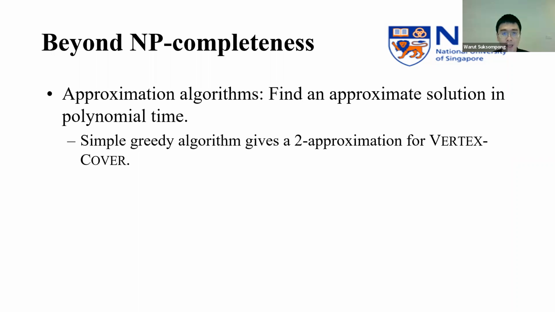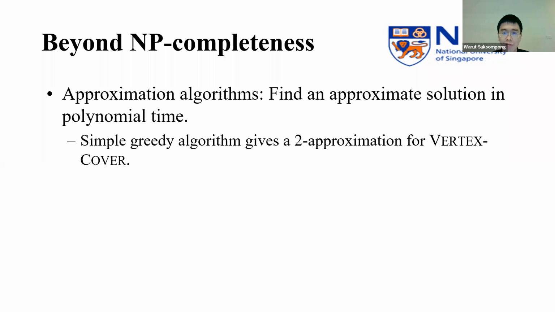Actually, there's a simple greedy algorithm for vertex cover that gives a two approximation. That means the vertex cover this algorithm finds is no more than twice as large as the optimal vertex cover. The graph could have 1,000 vertices, and maybe the optimal vertex cover has size 20. Solving for the optimal vertex cover might be hard, but this algorithm gives you a vertex cover of size no more than 40.